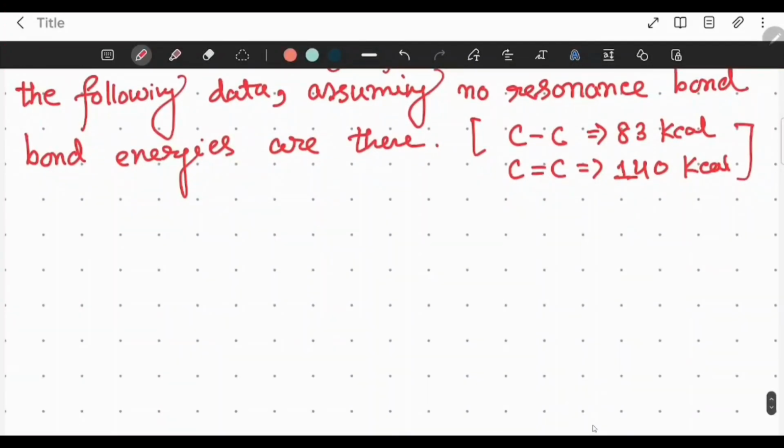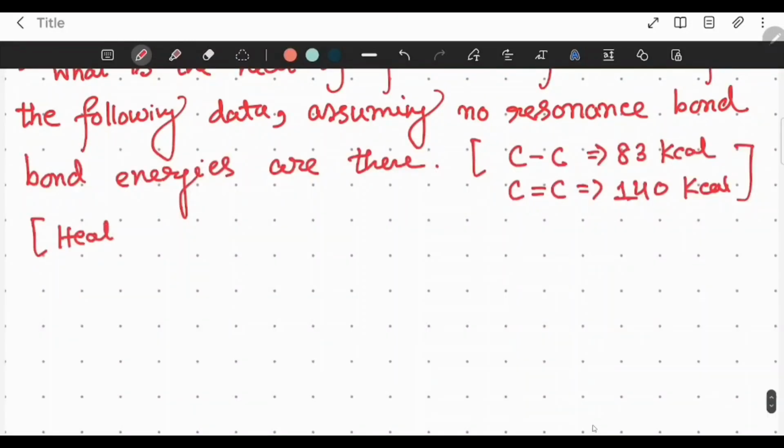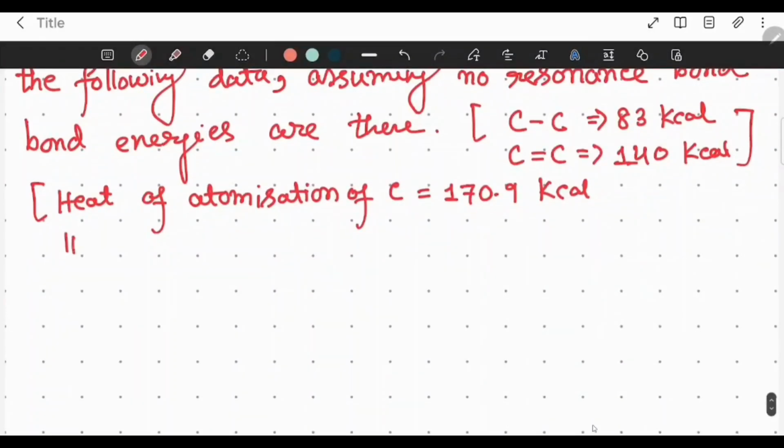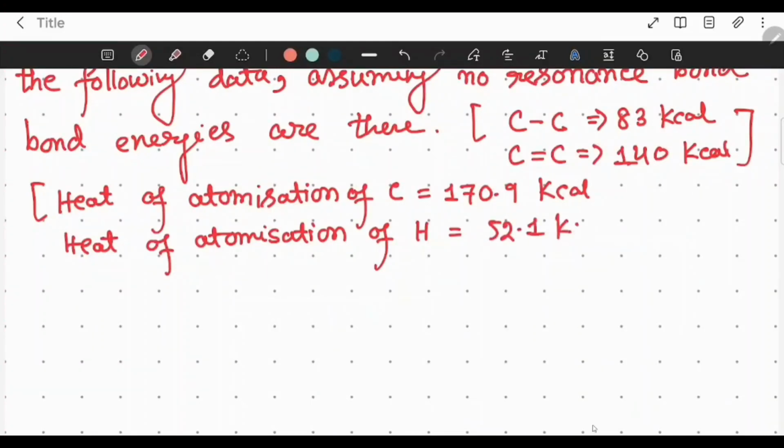And also given that the heat of atomization of carbon is 170.9 kcal, and also the heat of atomization of hydrogen is 52.1 kcal.